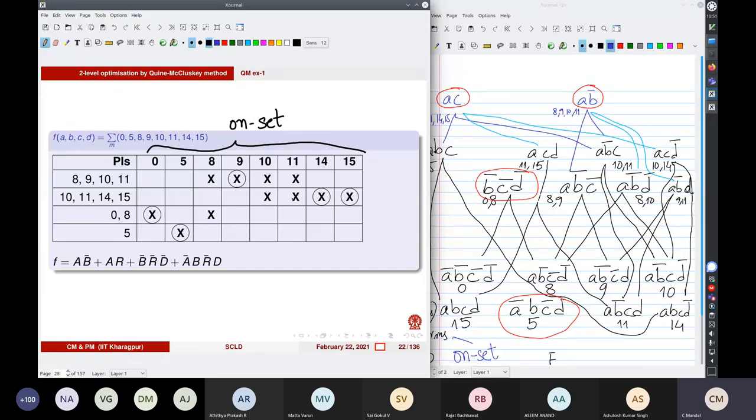So this is also an essential prime implicant. And in this case, this one is the only prime implicant covering 9. So you have to keep this as well. So what you find is that all your prime implicants are essential prime implicants. So you have to keep all of them.